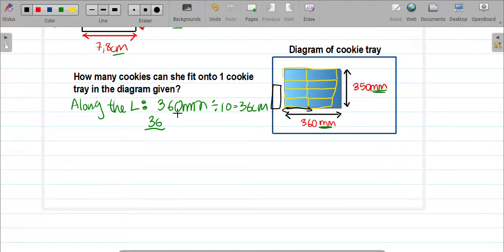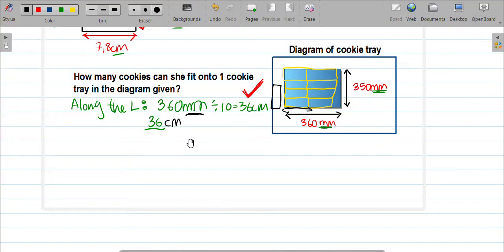Okay, so we'll take the 360 millimeters. Remember, when we have millimeters and centimeters, we need to convert them to the same units. So we'll divide by 10 quickly, and we get 36 centimeters. What is so nice is that usually they give a mark for conversion. And then we'll take the 36 centimeters, which is the dimension of the tray, divided by the dimension of the item.